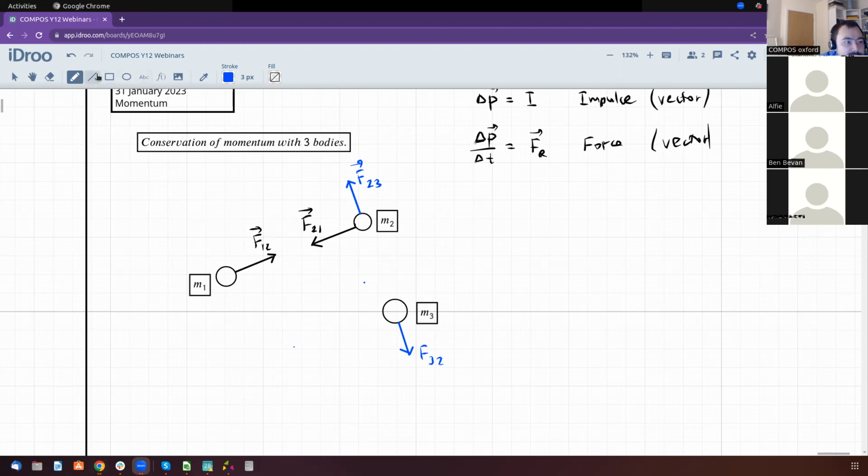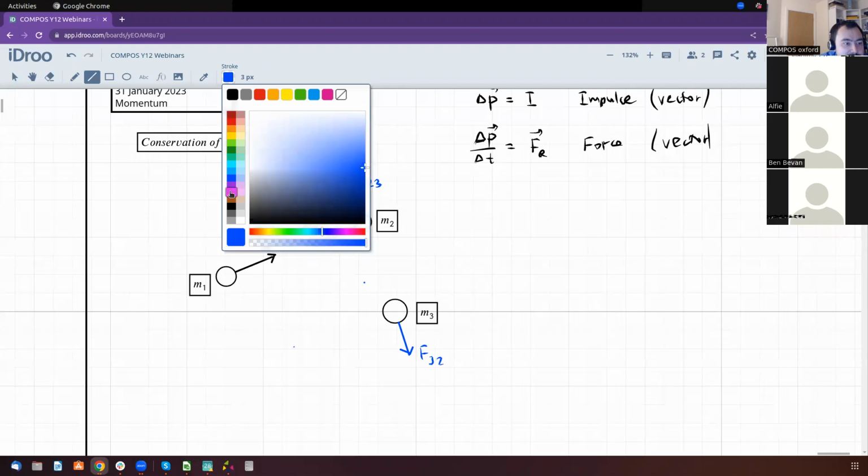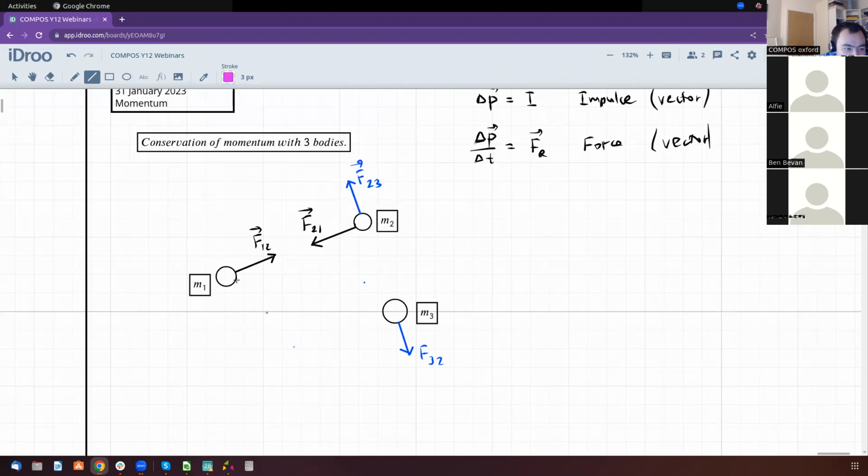Furthermore, let's say there's an interaction between object 1 and object 3. So this is F1,3, and this is F3,1. We got the arrows.